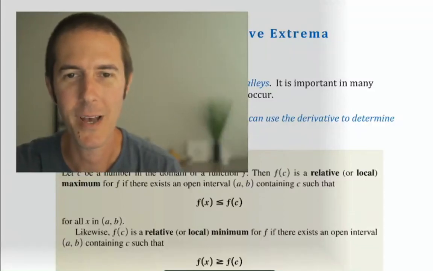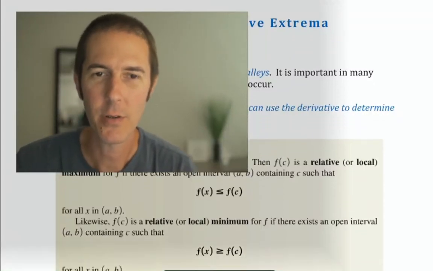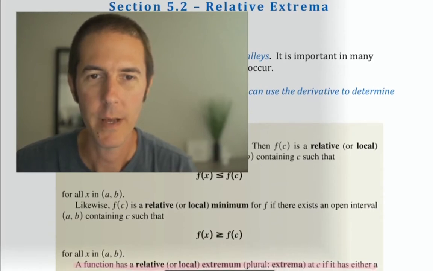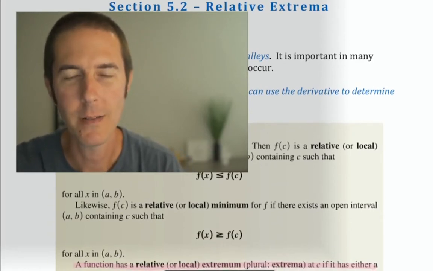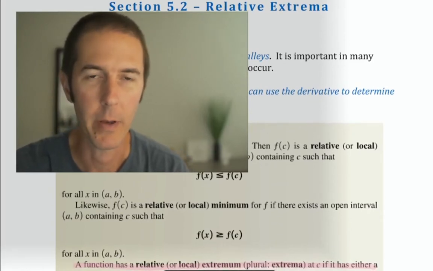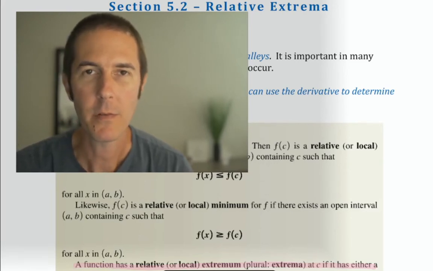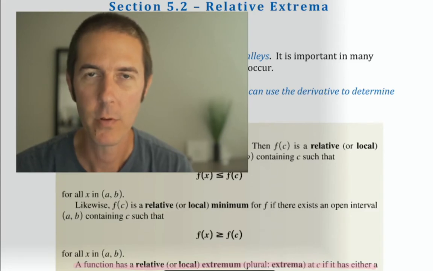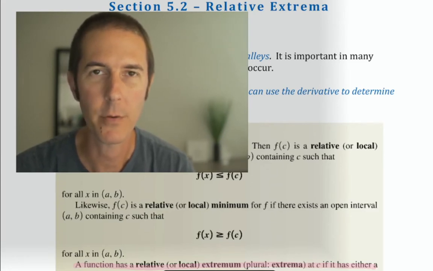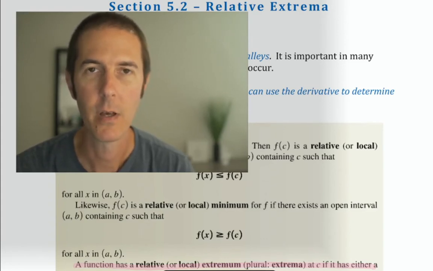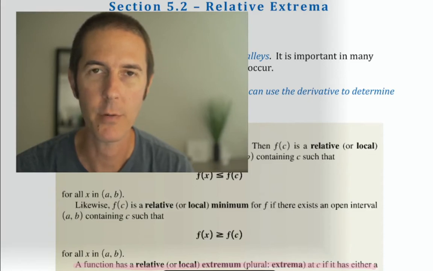All right, elementary calc students, in this section, which is Chapter 5, Section 2, we're talking about relative extrema. And what that means is that we're looking for maximum and minimum values. And I don't mean the maximum or minimum value for the entire function. We're just going to look and see if there are any little hills or any little valleys on a graph of a particular function.